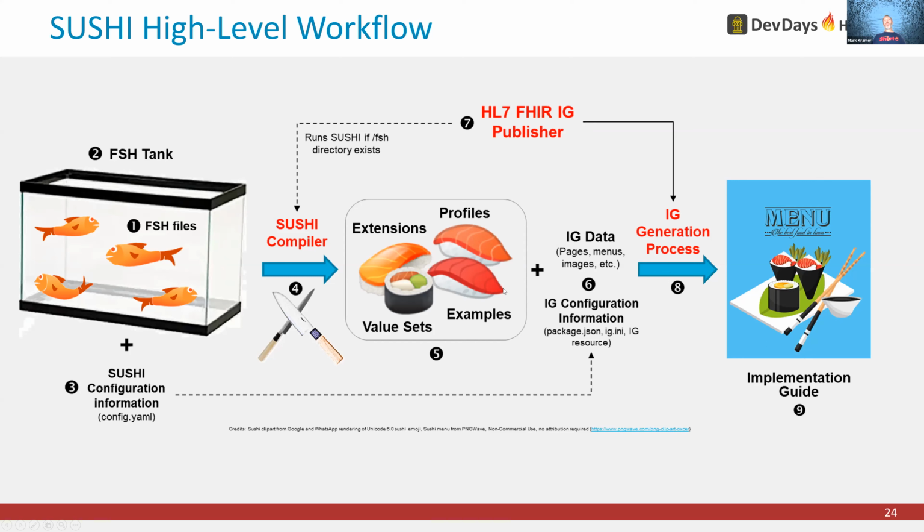It's a menu for which profiles you've created. It describes them. It lays them out for your users. The other thing that has recently been added is the ability for the FHIR IG publisher to actually run SUSHI for you. So if the IG publisher discovers a directory called fsh, FSH, it'll run the SUSHI compiler, and you can just do all these steps in one fell swoop.